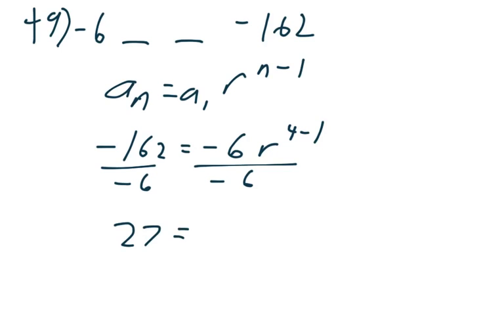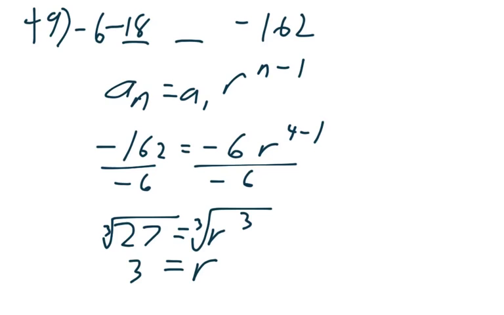And we get 27 equals r to the third. Cube root both sides, which is in the math menu under number 4. So 3 equals r. -6 times 3 is -18. -18 times 3 is -54. And we don't have to worry about anything because when you cube root something, you don't have to do plus or minus.